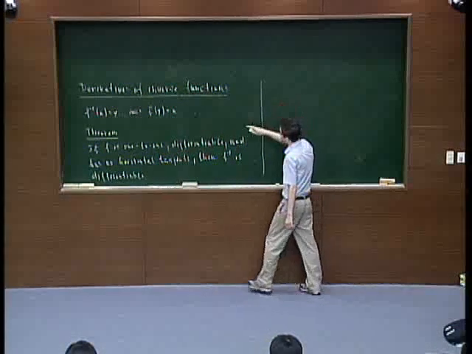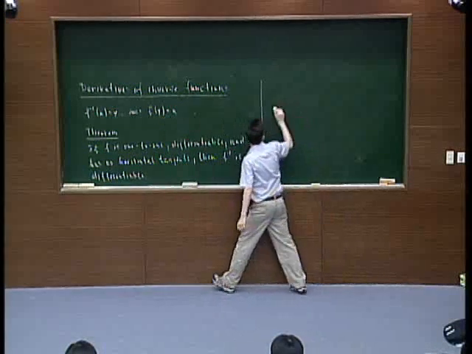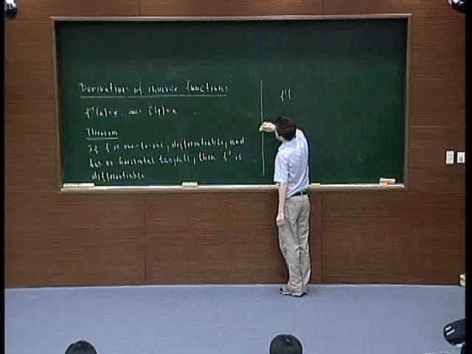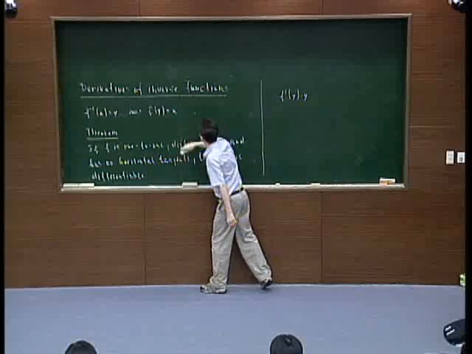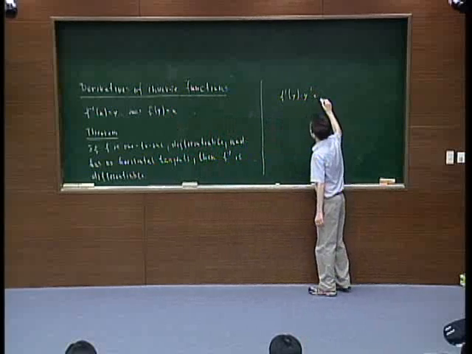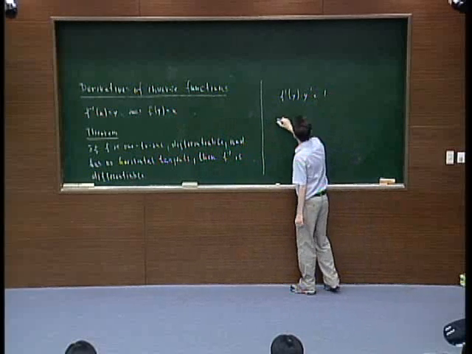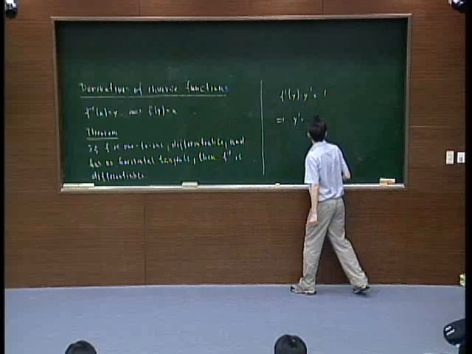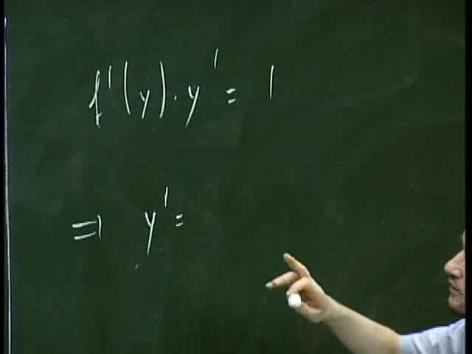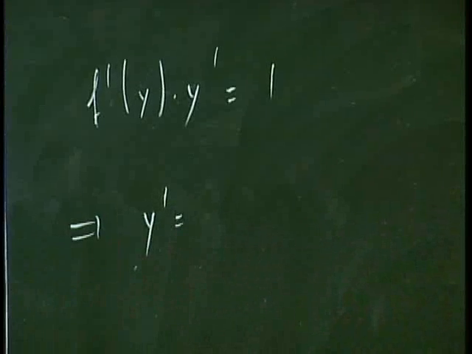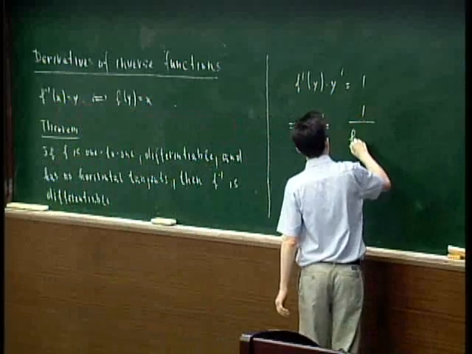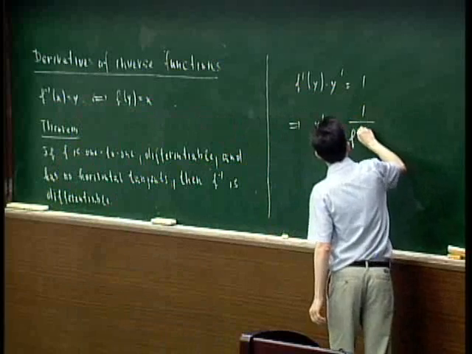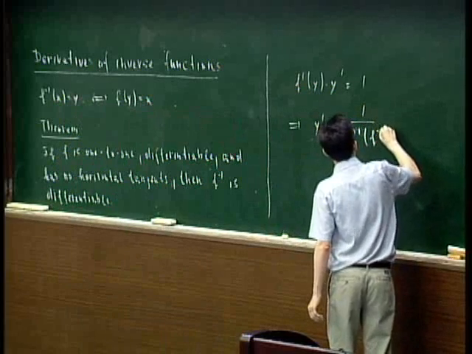So you see that by taking derivatives on both sides, you have the derivative of f at y, a composite function, times the inner derivative, equal to 1. So you see that the derivative of the inverse function is given by 1 over f prime, the derivative of f, plugged in the inverse function.